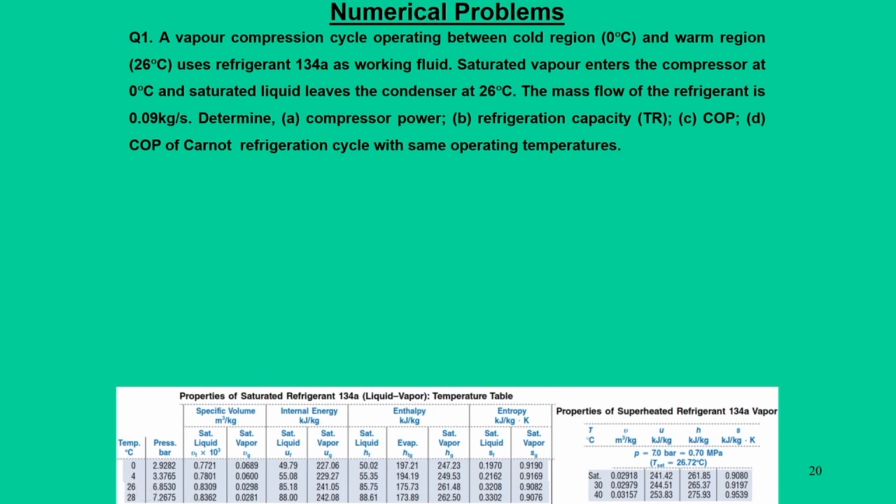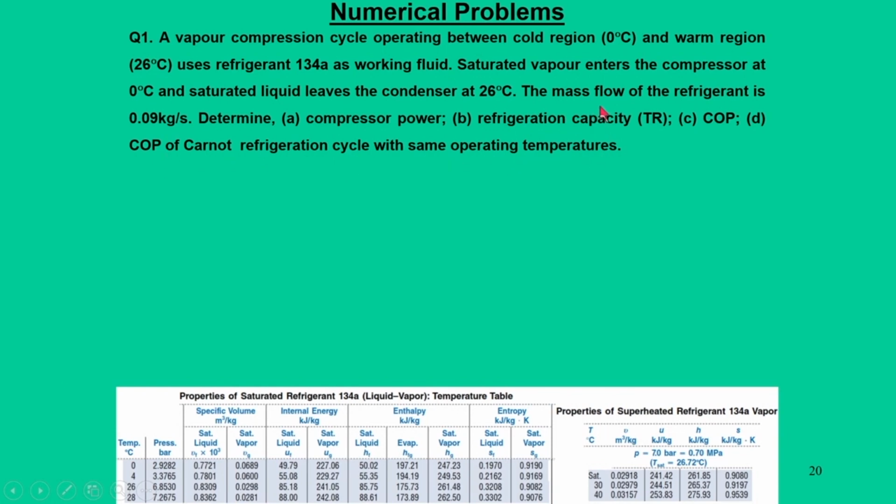Again, at the condenser side also they are the same. The other parameter is the mass flow of refrigerant, 0.09 kg per second, and we have to calculate compressor power, refrigeration capacity, COP, and of course, Carnot COP with the same operating temperatures.